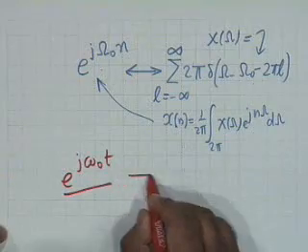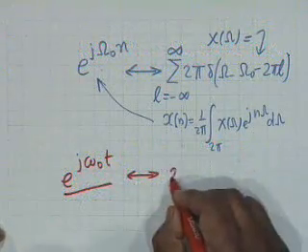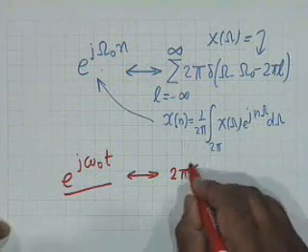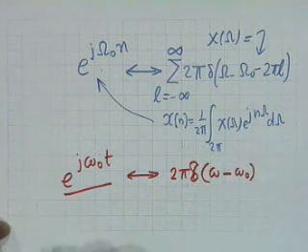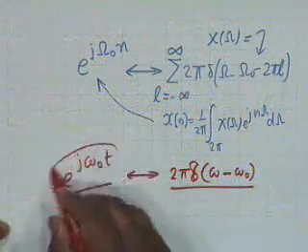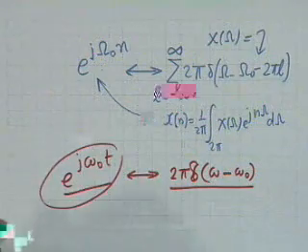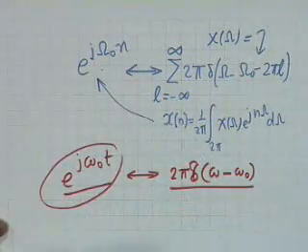Now, you recall that the Fourier transform in the continuous time case was simply 2 pi delta of omega minus omega 0. There is just one delta: the Fourier transform of the exponential function e to the j omega 0 t is just one impulse at omega equal to omega 0.